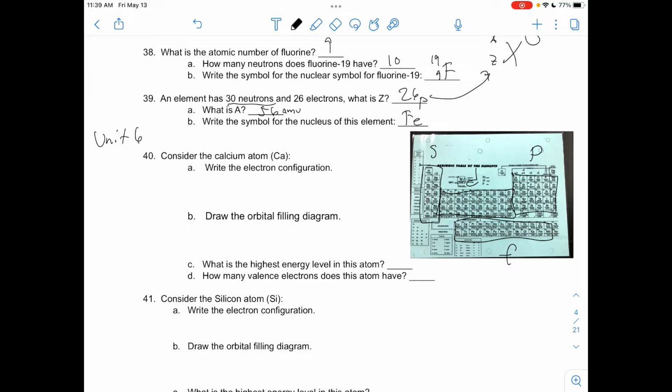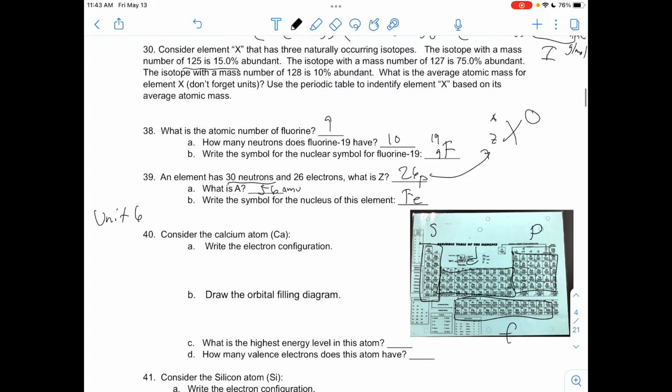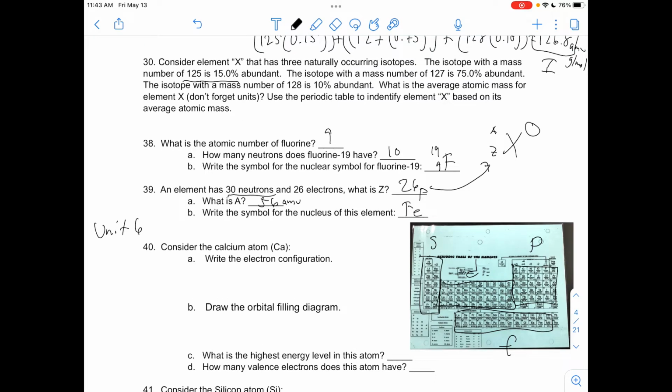So the first number is going to be the row it's in, and the second exponent number will be the column it's in. Okay, so when we're doing electron configuration, gotta remember that there are these regions, and then there's a big number and a small number.